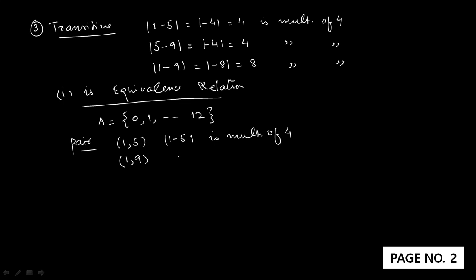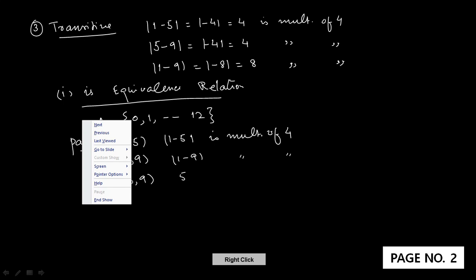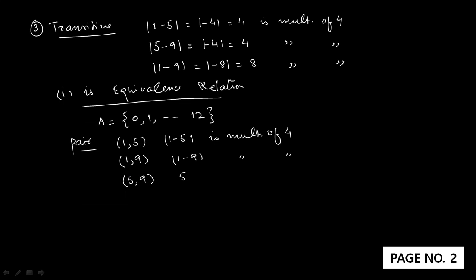This one is again a multiple of 4. What about (5, 9)? (5, 9) is not there. You can't write (5, 9) because you have to include 1.